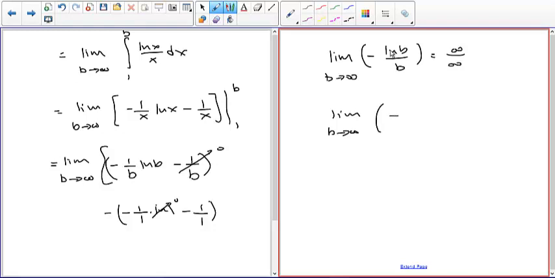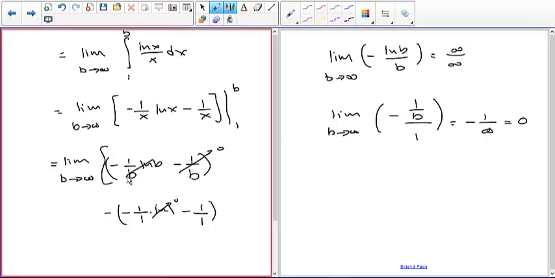The first derivative of that would be 1 over b. The derivative of b would be 1. And you can see now it's not indeterminate anymore, but if I plug in b equal infinity, I get that, which is 0. So L'Hopital's rule says that's also 0. So the answer is 1.